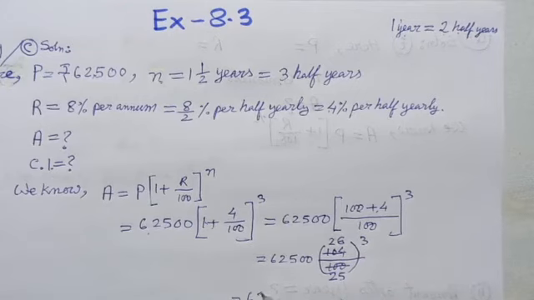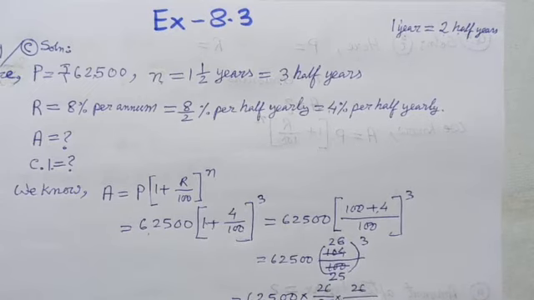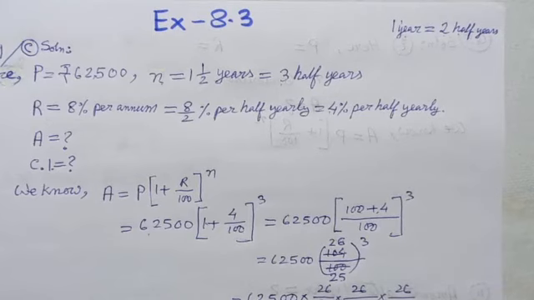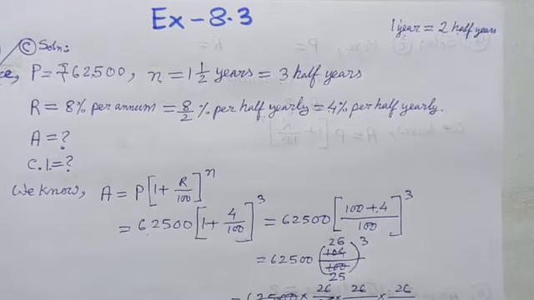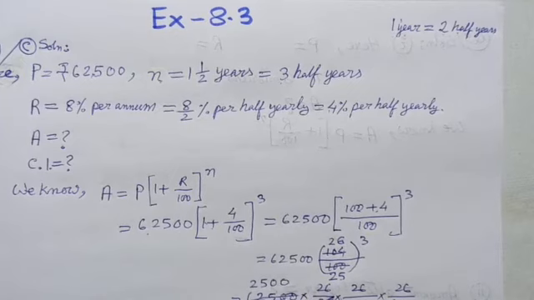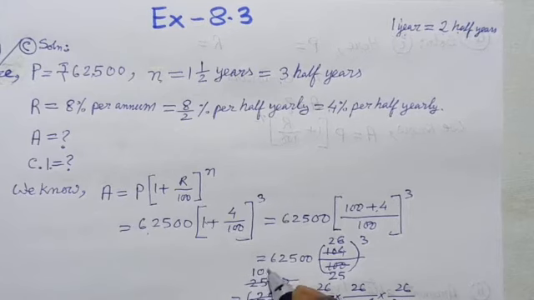Then 62,500 into, since the power is 3, 26 by 25 into 26 by 25 into 26 by 25. If we divide 62,500 by 25, we get 2,500. Again dividing by 25, we get 100. Again dividing by 25, that is 4 times.